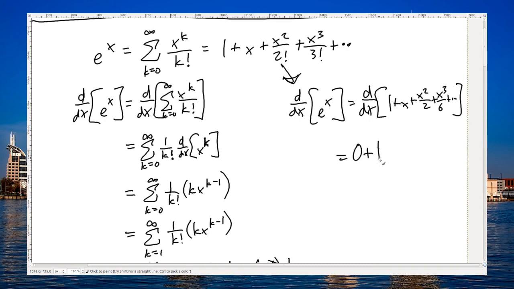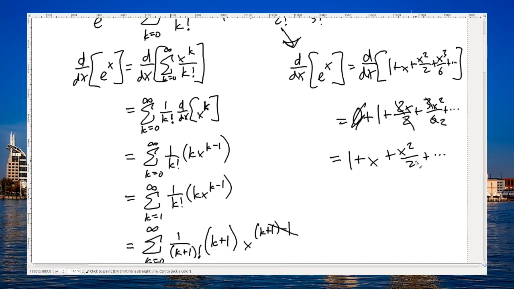I get 0 plus 1 plus 2x over 2, 3x squared over 6. Get rid of that 1. That's 1 plus, cancel those, x plus, cancel those, x squared over 2, and that is 2 factorial.